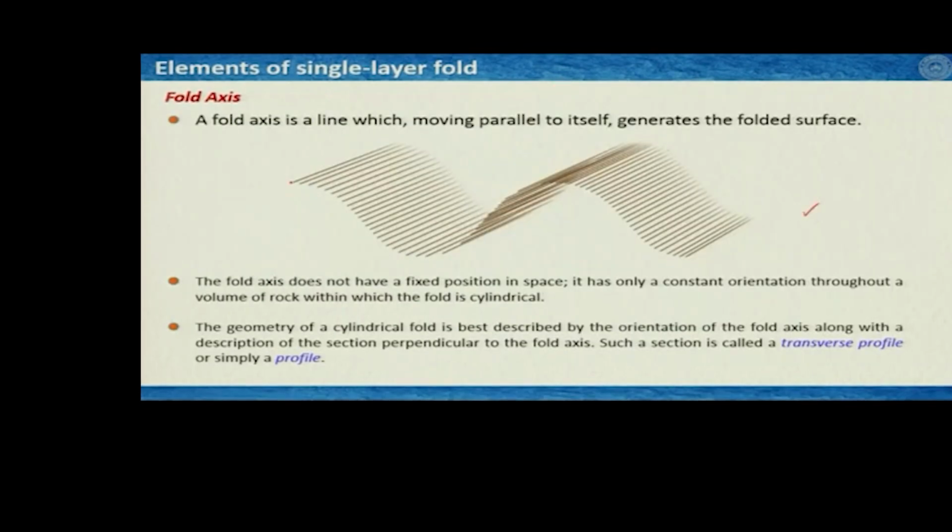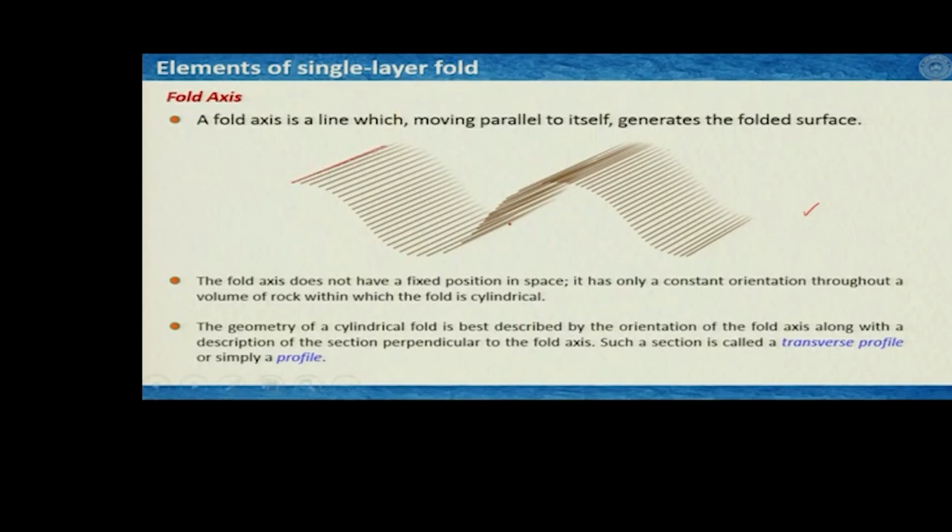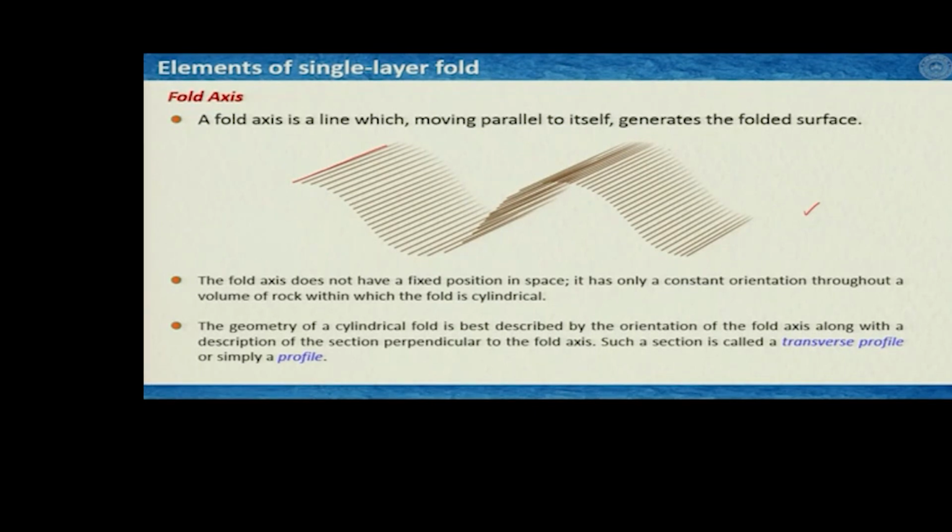A series of parallel lines that you can see here can move parallel to each other and define a fold. So, the fold axis is defined in other ways. A fold axis is a line which, moving parallel to itself, generates the folded surface, as it has done here.